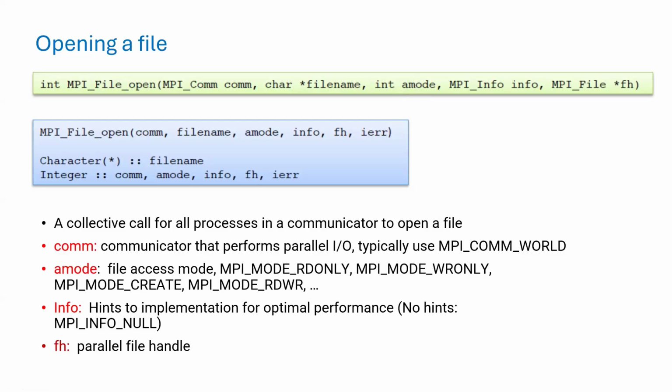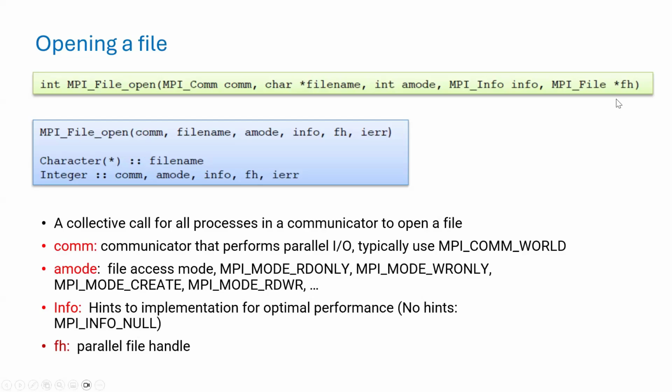And then there's an MPI info. The info is basically hints to the implementation for optimal performance. Otherwise, you basically use the default MPI info, which is a null hint.